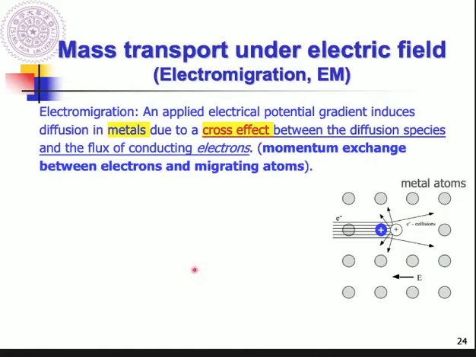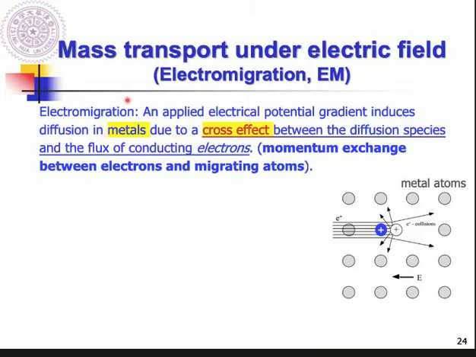Then next we are going to move to the second category: how about if you apply the electrical field on a metal? The difference between ionic materials and the metal is the current density. The current density you get from the metal is the electron flow, right? So the carrier will be the electrons.